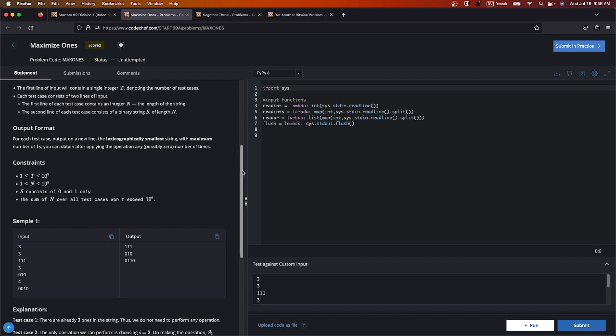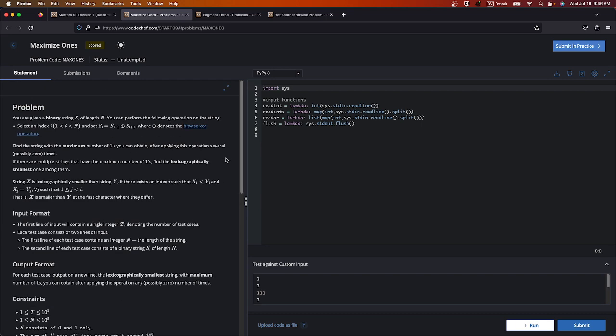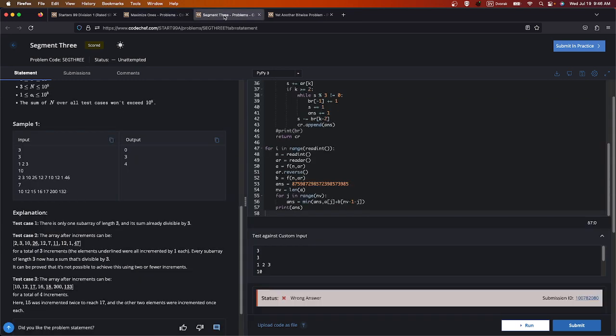Yeah, looking at it, Maximize Ones also had decent chances.